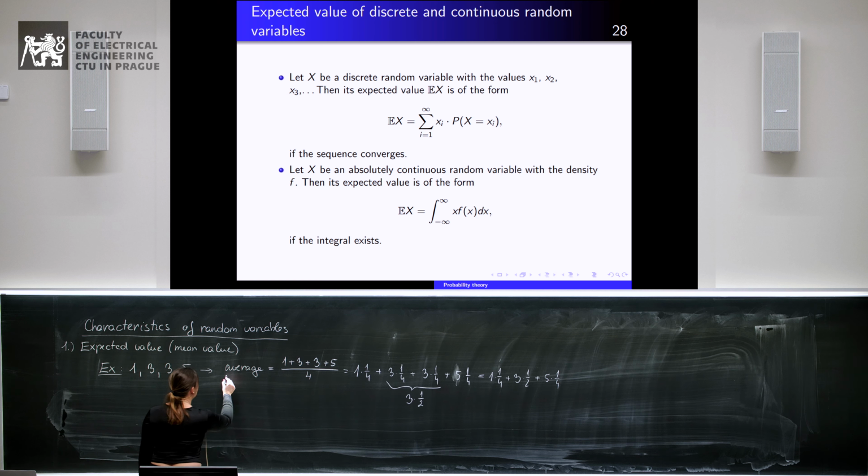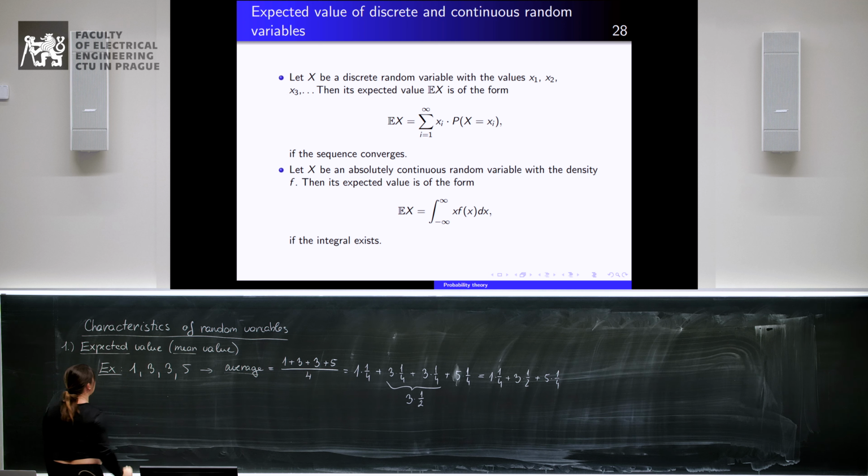So the average, which is in fact the mean, is the value which we denote expected value. And in this case, it is quite natural to expect that when we take a ball, there will be the value 3, because the value 3 is obtained twice as often as the number 1, and twice as often as the number 5. So then the name expected value is quite natural.